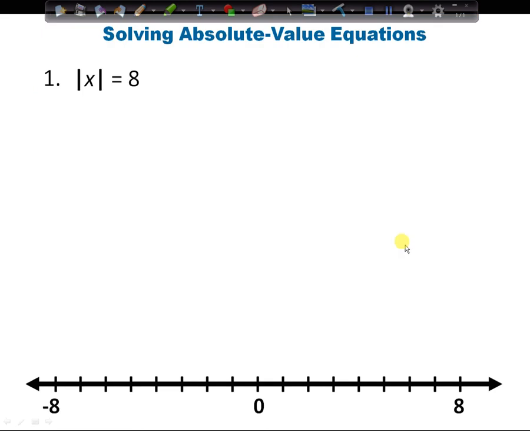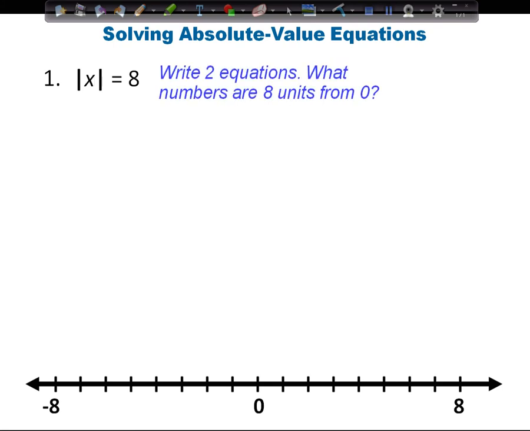All right, our first example, and you do not have to write this one down because it's very similar to 2-6, day 1. I just need for you to watch and listen. So number 1 is the absolute value of x equals 8. Since it equals a positive number, we're going to write two equations. It says what numbers are 8 units from 0? Negative 8 and positive 8 are both 8 units away from 0.